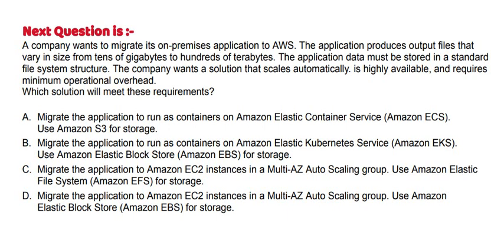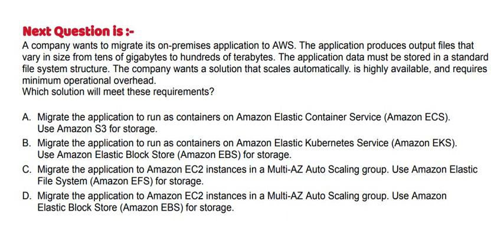Option A. Migrate the application to run as containers on Amazon Elastic Container Service. Use Amazon S3 for storage. Option B. Migrate the application to run as containers on Amazon Elastic Kubernetes Service. Use Amazon Elastic Block Store for storage.